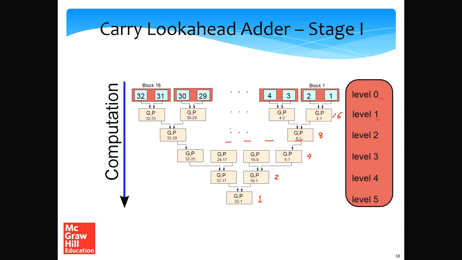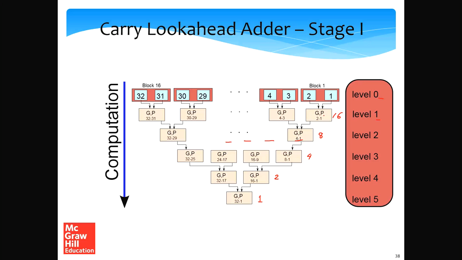So pretty much in level 1, we will have many of these hardware circuits that will be computing the values of the GP functions for the bit pairs in parallel. So all of these things will happen simultaneously at the same time. There is no dependency per se between these circuits, and there will be 16 of such circuits.